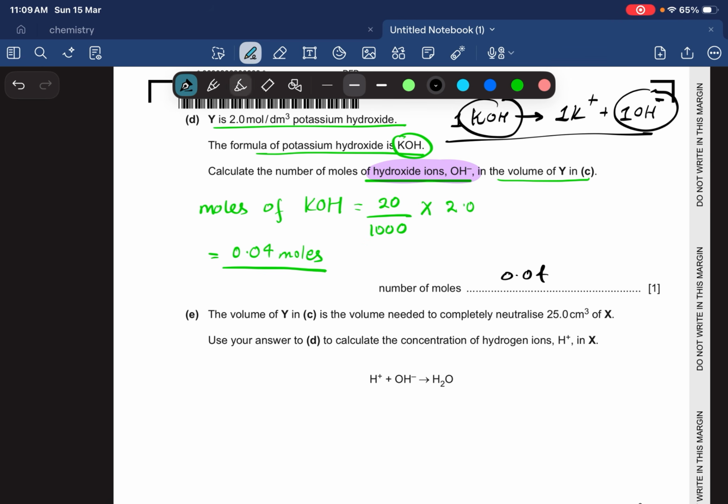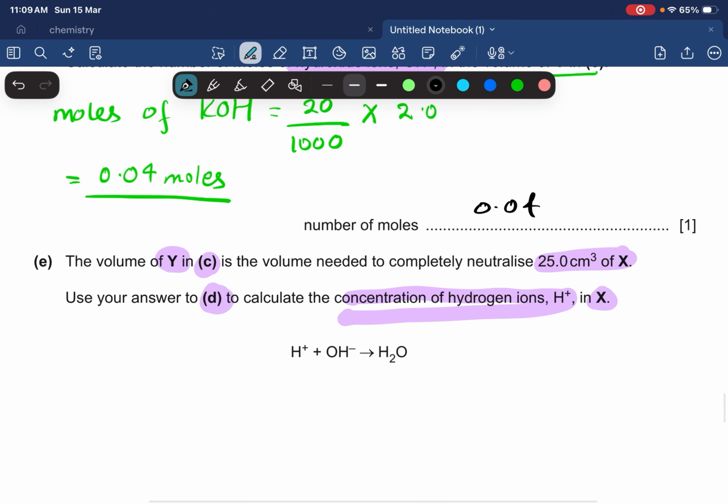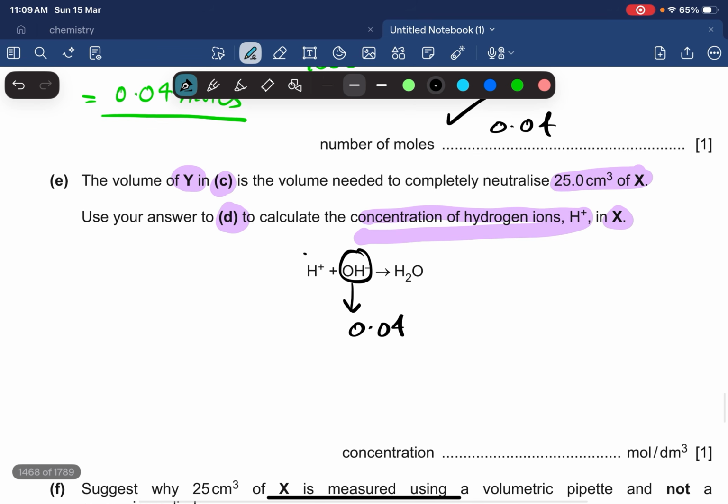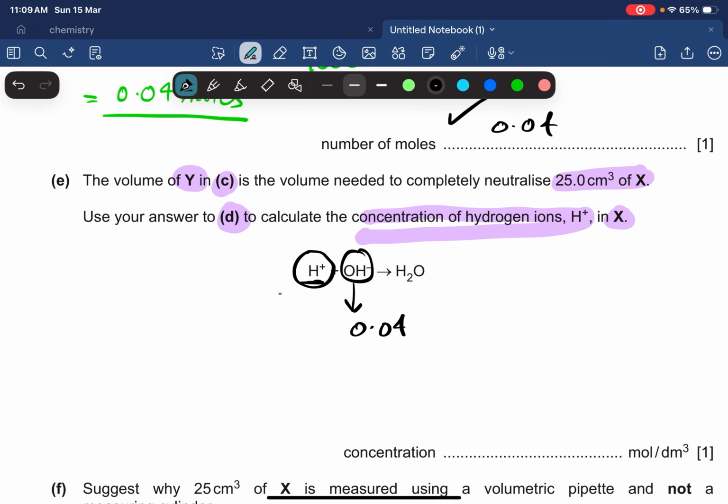The volume of Y in C, that's 20, is the volume needed to completely neutralize the 25 cm cube of X. Use your answer to D to calculate the concentration of the hydrogen ions in X. So they're saying that we use 20 cm cube, which was 0.04 moles of hydroxide ions, to neutralize this H plus that was in 25 cm cube.